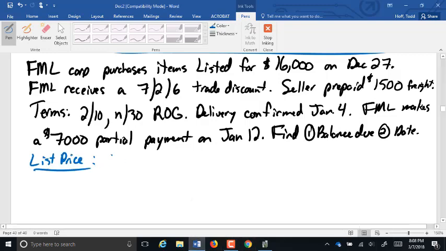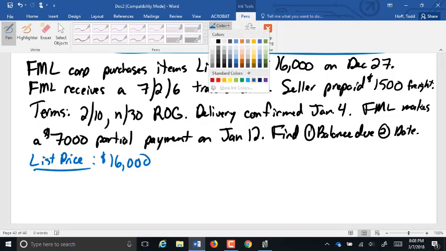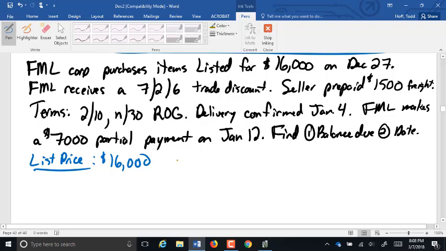So our list price starts out at $16,000. I made it a little bit easier for you, and I gave you the full price right there. I'm going to take a little bit of a shortcut here. I'm going to multiply that list price by, from my trade discount of 7, I get 0.93.